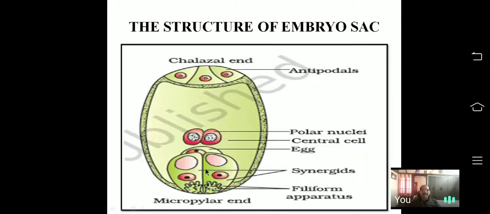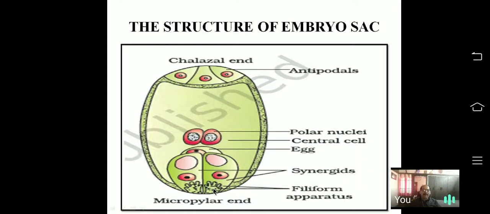Two synergids together are called the egg apparatus. The egg always lies towards the micropylar end. The two synergid cells towards their basal region have finger-like projections.